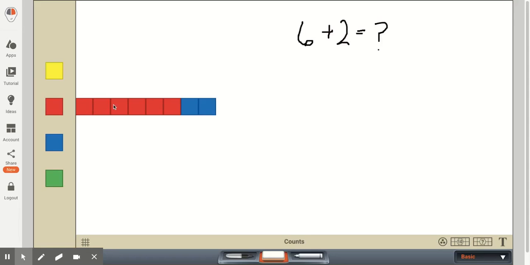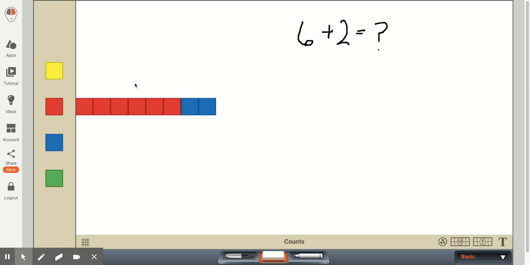So even though they know there's 6 red and 2 blue, to get the total, they will count them all. 1, 2, 3, 4, 5, 6, 7, 8. And counting is how the first graders are making sense of this addition.